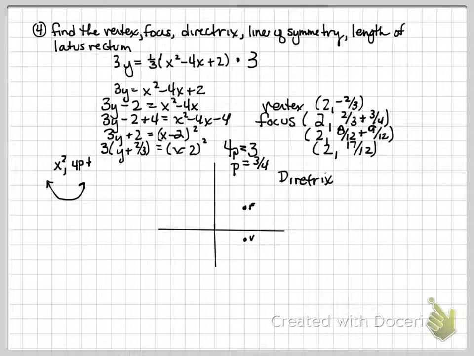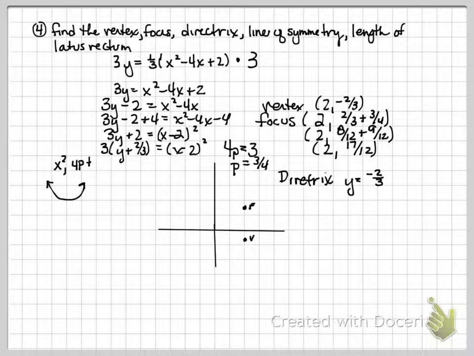Now, the directrix is a line, so we don't need both x and y. We only need one of them. Because it's going to be a horizontal line, because it never actually touches your parabola. It's below or it's above your parabola. So to the sides. It never intersects it. So in this case, it's going to be a horizontal line that's below. So I only need my y value, and that is -2/3.